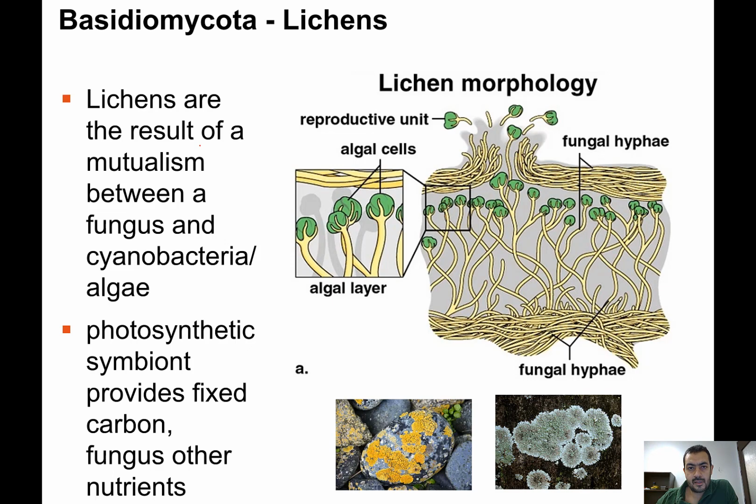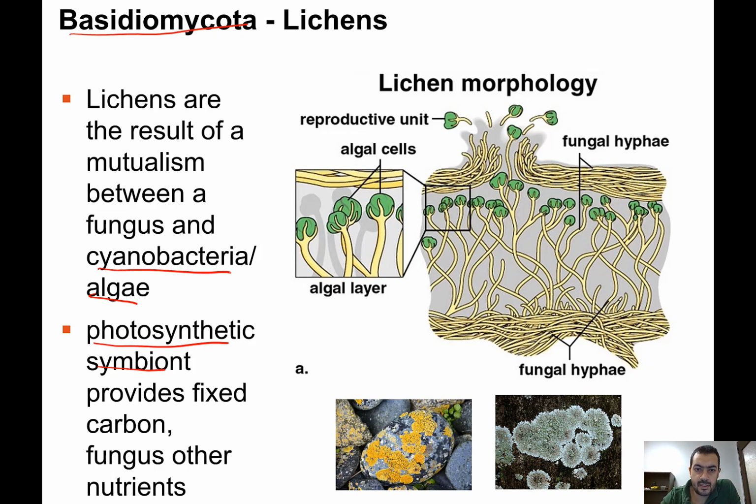The last slide we are going to finish with, in the part of this video about fungi, is the lichens. So as we said, members of the Basidiomycota usually form an association, a mutualistic relationship, with a photosynthetic symbiont, and this photosynthetic symbiont is usually the algae or the cyanobacteria.